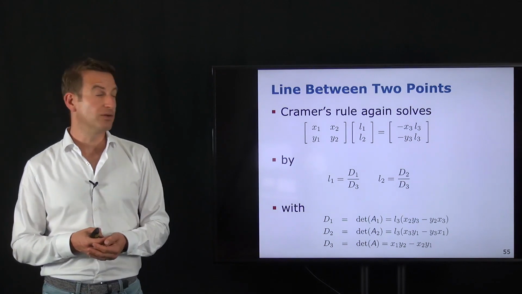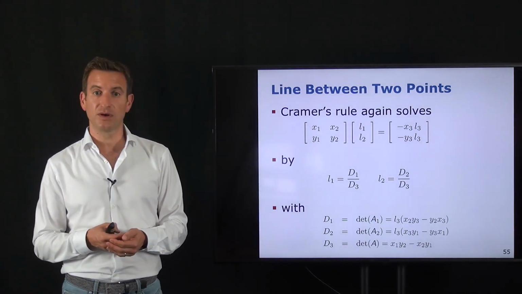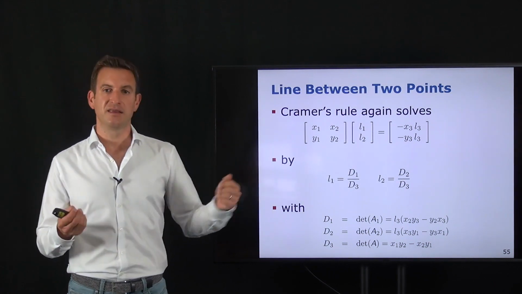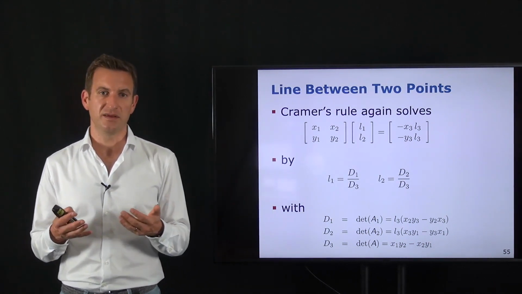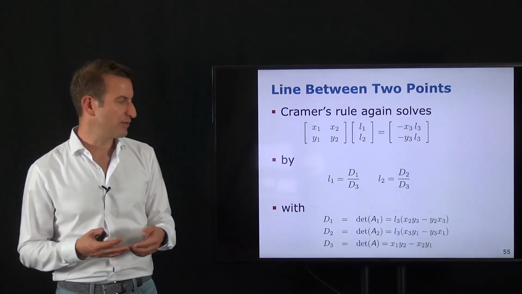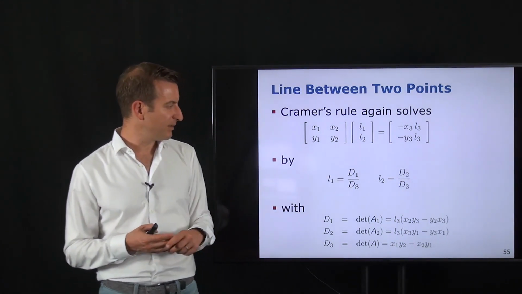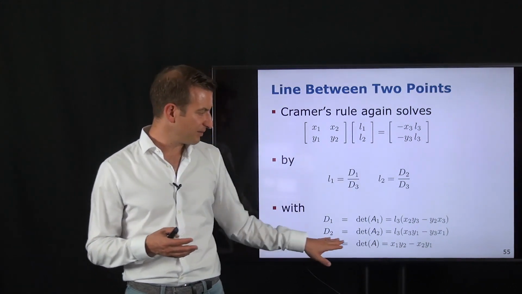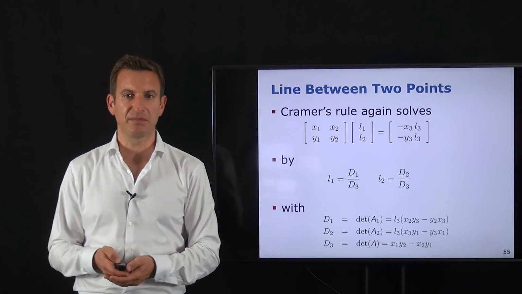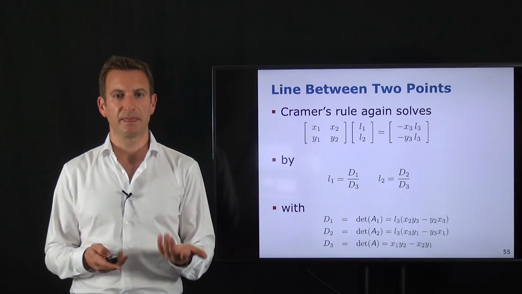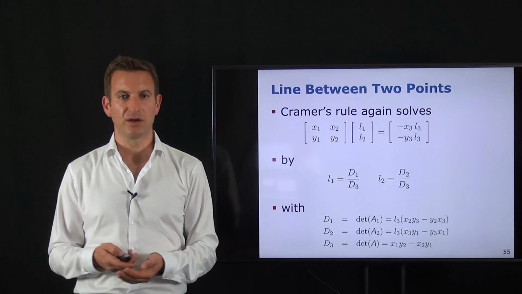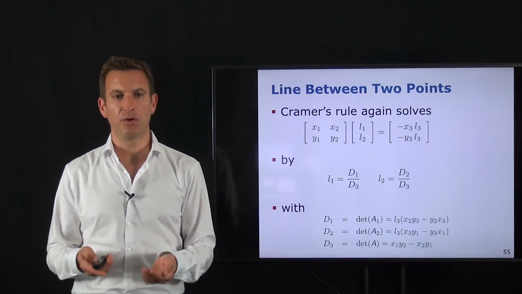So we can use Cramer's rule to solve this linear system over here, and again, as was done before, the first and second solutions for the line parameters are given by d1 divided by d3 and d2 divided by d3, written down exactly in the same way. So it's directly the application of Cramer's rule as we used it 5 minutes ago for computing the point that intersects two lines.